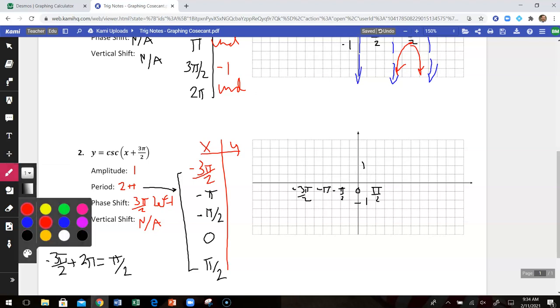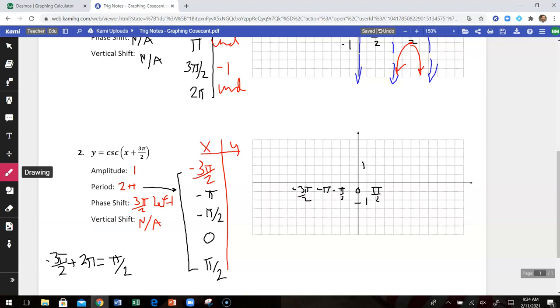And just like before, I'm going to say, well, if this were a sine graph, I would start at 0, go up to 1, go back to 0, go down to negative 1, and go back to 0, which means we have vertical asymptotes at negative 3 pi over 2, at negative pi over 2, and at pi over 2.